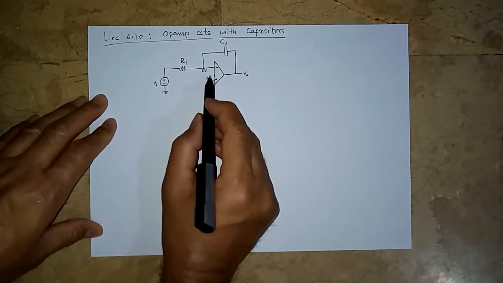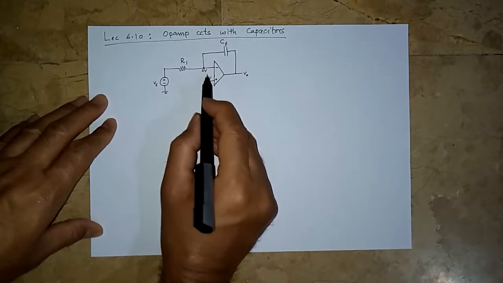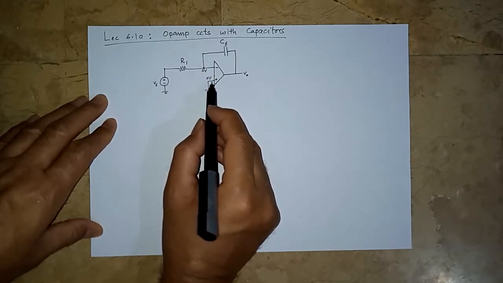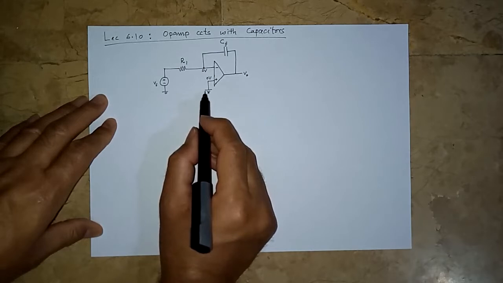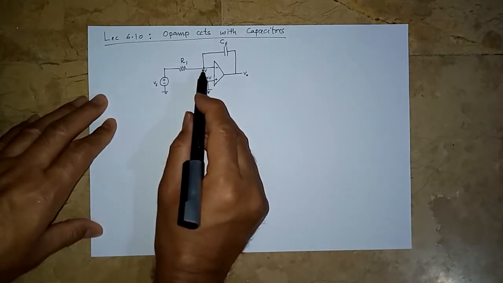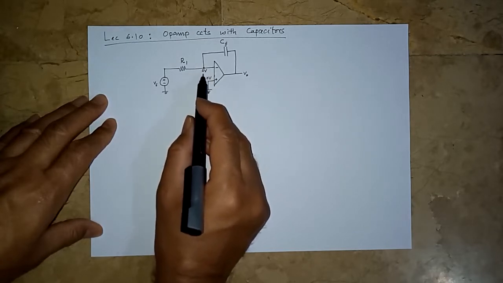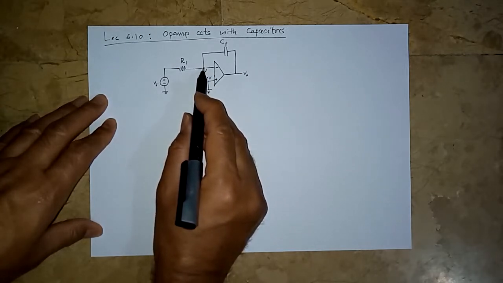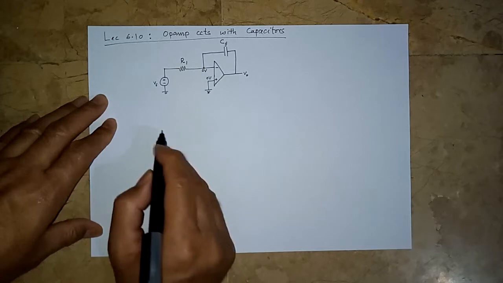Because of ideal op-amp characteristics, these two voltages must be the same for an ideal op-amp model. And since this is directly grounded, it is at 0 volts, so this must be at 0 volts. Although it's not directly connected to the ground, this is something known as a virtual ground.